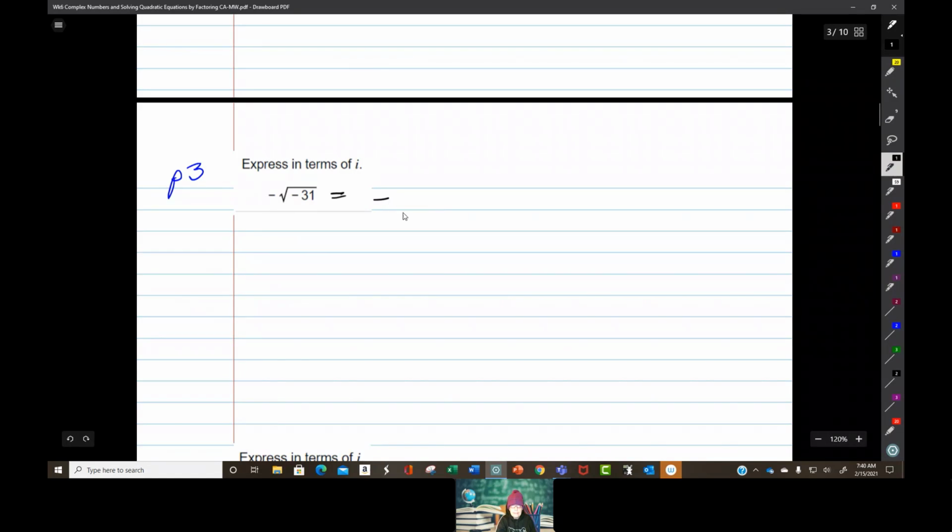This is going to be negative the square root of -1 times 31, which is going to be negative the square root of -1 times the square root of 31, which is going to be negative i times the square root of 31. And if you're told that you can just express your answer in terms of i, you don't need to worry about a plus bi, then this is a perfectly good answer.